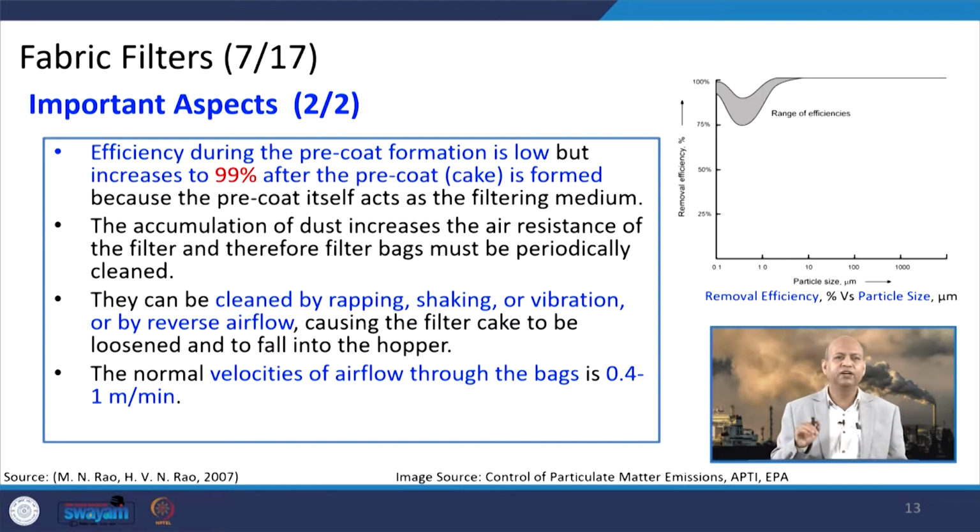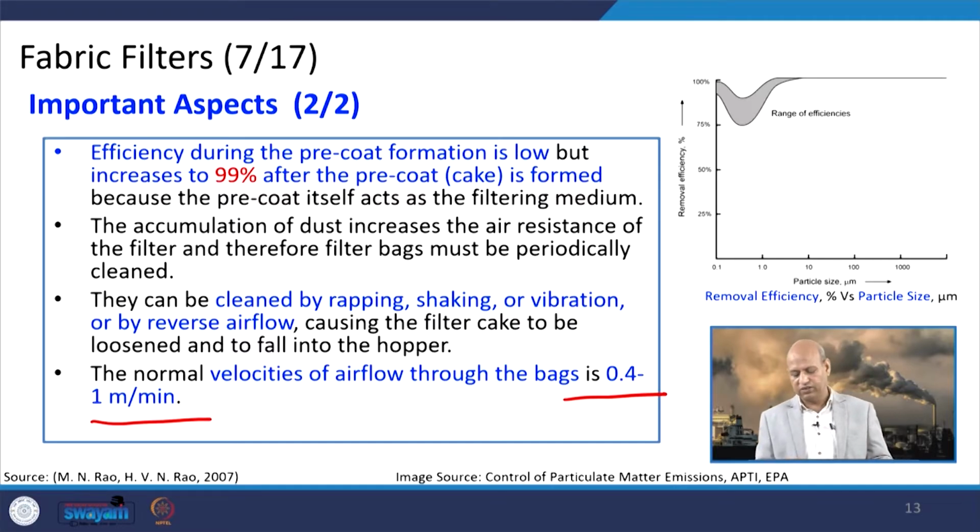So, the efficiency increases in comparison to the pre-coat stage as the dust increases, and the air resistance increases because of the smaller pore size. The cake formation is also important, and the normal velocity of airflow through the bag is 0.4 to 1 meter per minute.